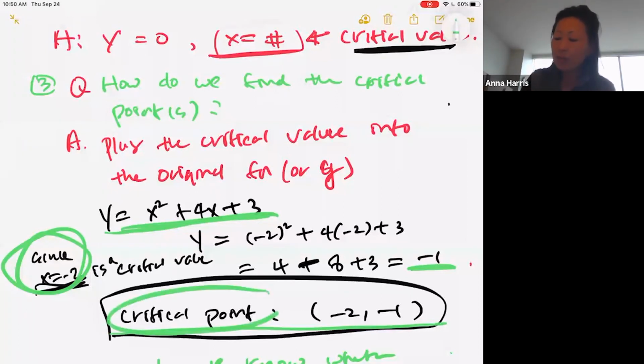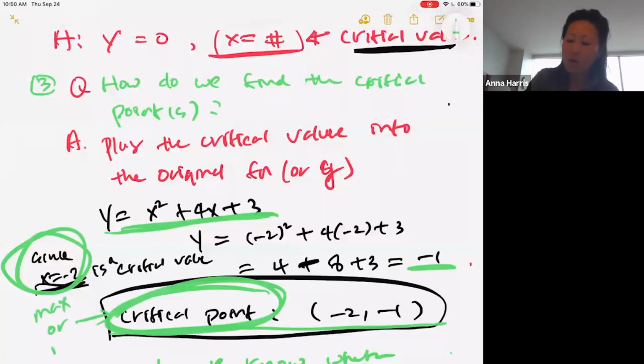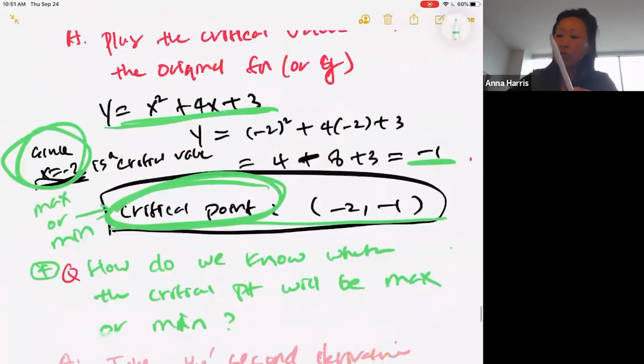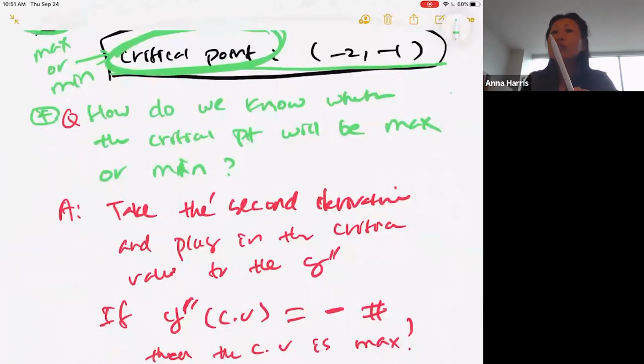So at this critical point, I don't know whether this is a max or min, because your critical point is either your max or your min, but I don't know which. So how can I go further to figure out whether this critical point will be max or min? In that case, you need to take a second derivative.